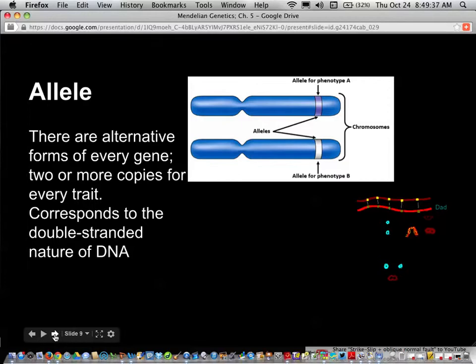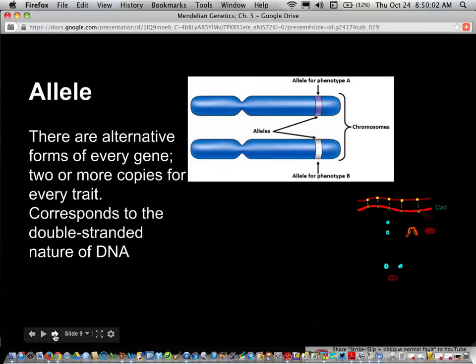They might have two different alleles, or they might have the same allele, whether it's dominant or recessive, big A, or big B, big B. And those alleles are on the two chromosome pairs.